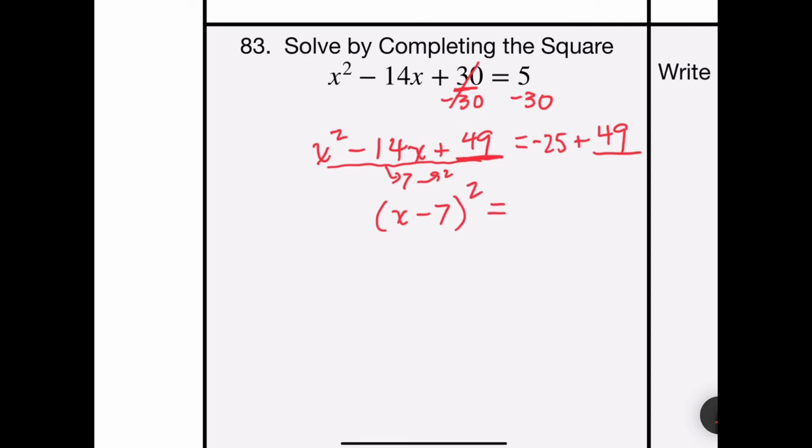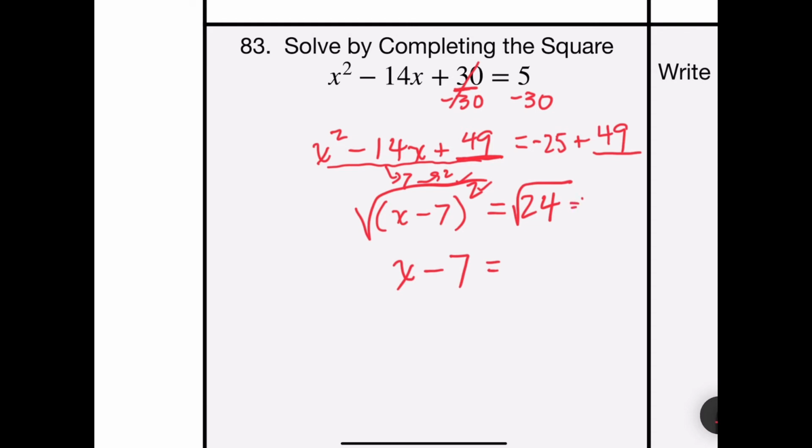On the right side, negative 25 plus 49 is 24. Now I can solve using the square root property. I'm going to take the square root on both sides. If I take the square root on both sides, remember a square and a square root undo one another, and so I would get x minus 7 equals the square root of 24.